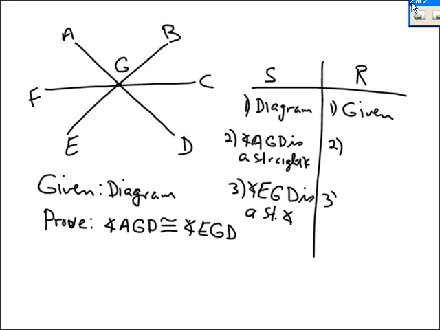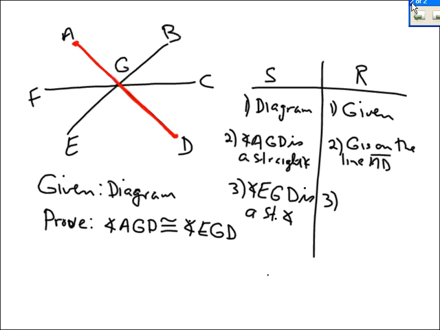Now, why is AGD a straight angle? The reason is, when you go from A to D in a straight line, you cross G. G is on the line segment AD.